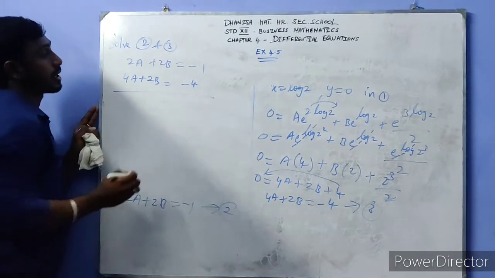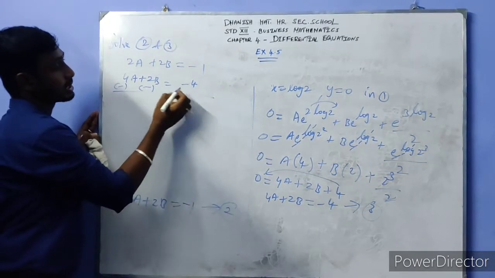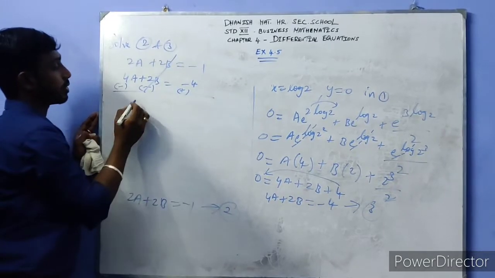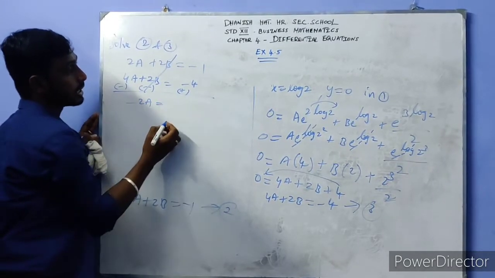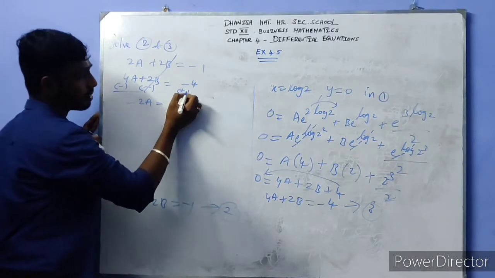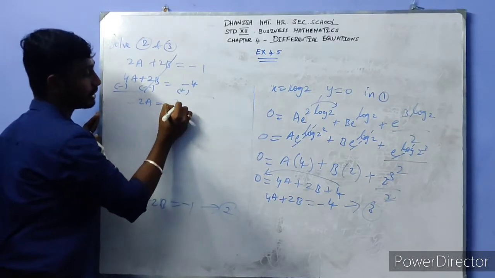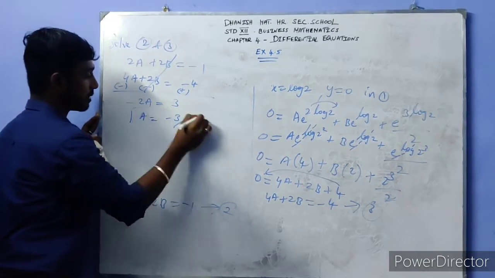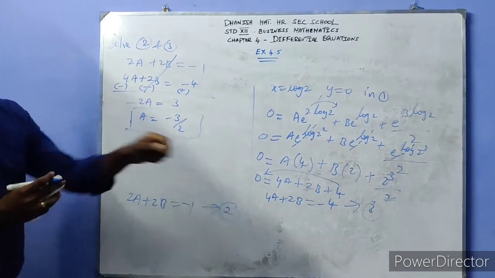Okay, I am going to change the sign of this one, minus and plus. Plus 2B and minus 2B cancelled here. What is the remaining value? Minus 2A equal to, here itself we are having plus 4 and minus 1, that will be 3 value. A is equal to minus 3 by 2. So what is the A value? That is minus 3 by 2.